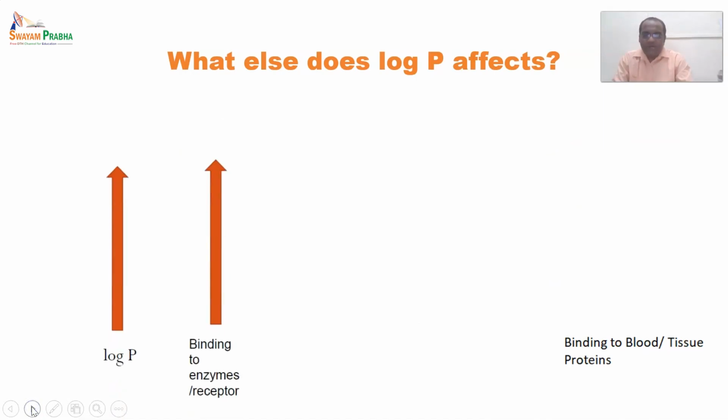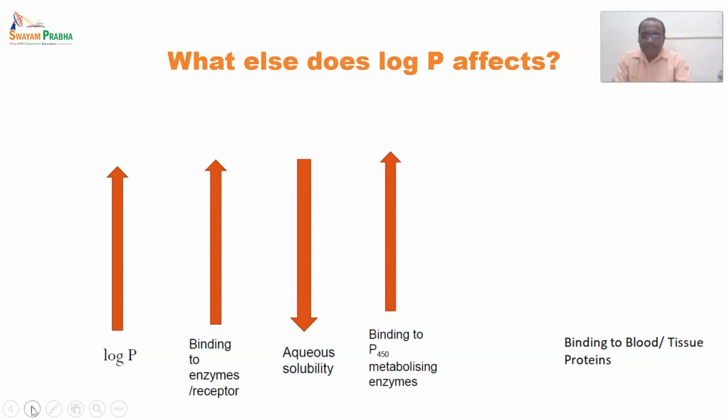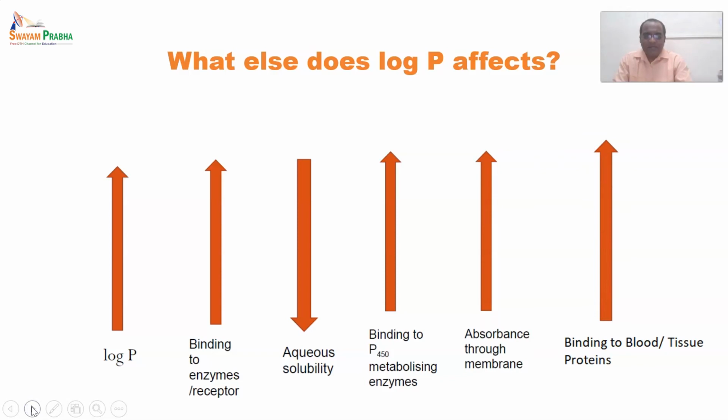As log P increases, binding towards an enzyme's receptor also increases, and aqueous solubility decreases. Binding to cytochrome P450 metabolizing enzyme increases. Absorption through membrane also increases, and binding to blood or tissue protein also increases. So the meaning of this is that when log P increases, there is an increase in lipophilicity of a drug.